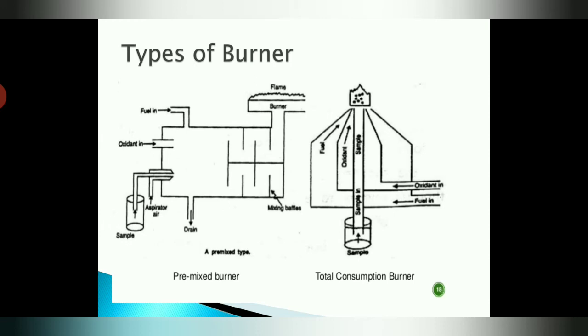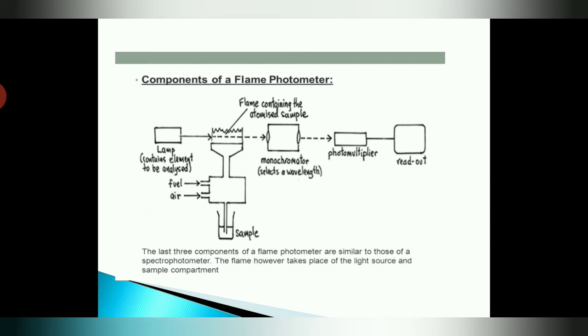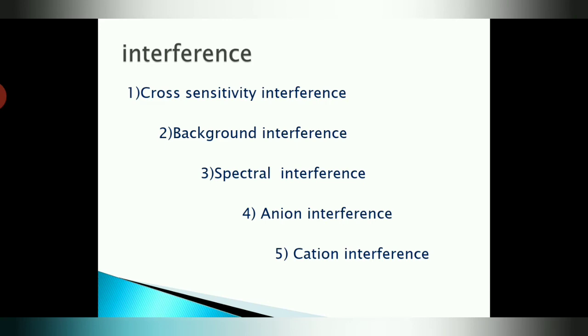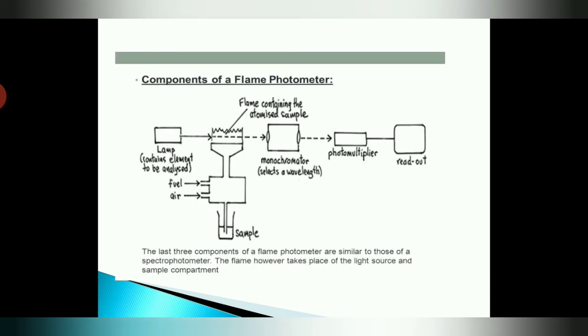Now we can see the series of events in the flame photometer. In the series of events we can consider the components of the flame photometer. The first component used is the lamp, in which we consider the mirror. A very small portion of radiation emitted by the flame enters into the flame photometer.